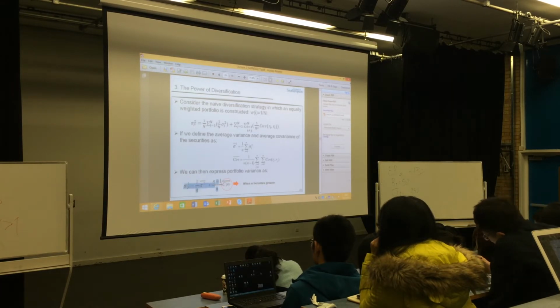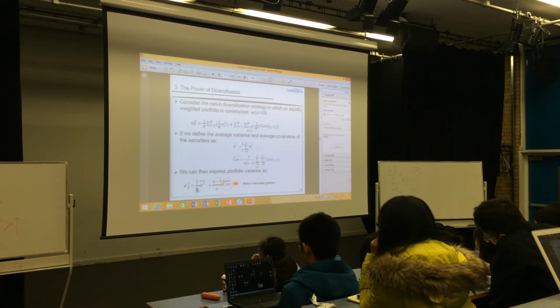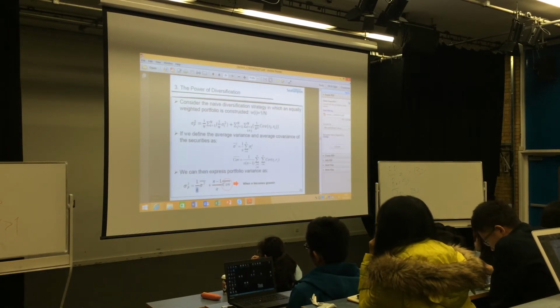So as I increase the quantity of stocks in my portfolio, what is going to happen to these terms?